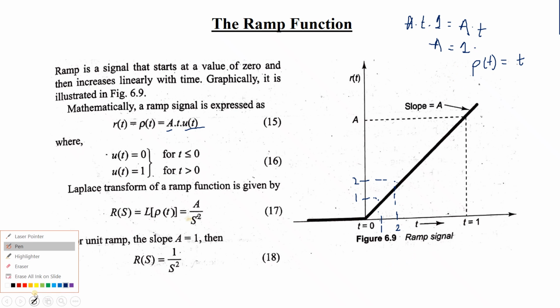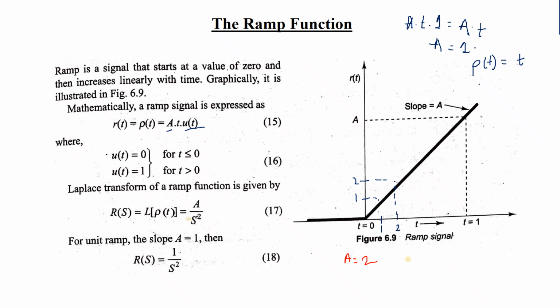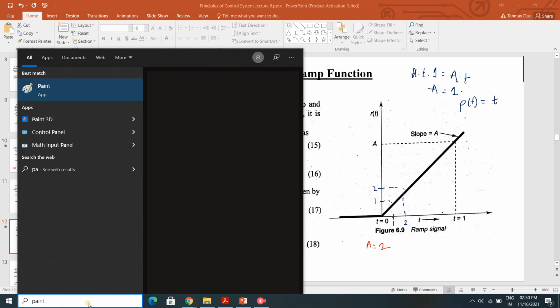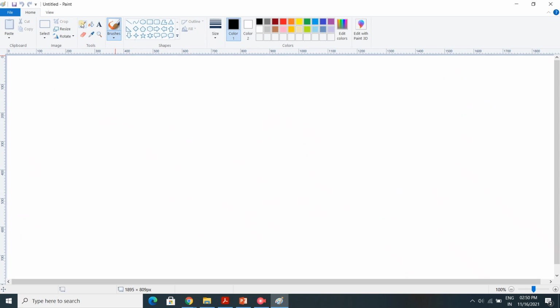Now if the value of a is not equal to 1, suppose the value is 2, then the slope will change. Let me show you.